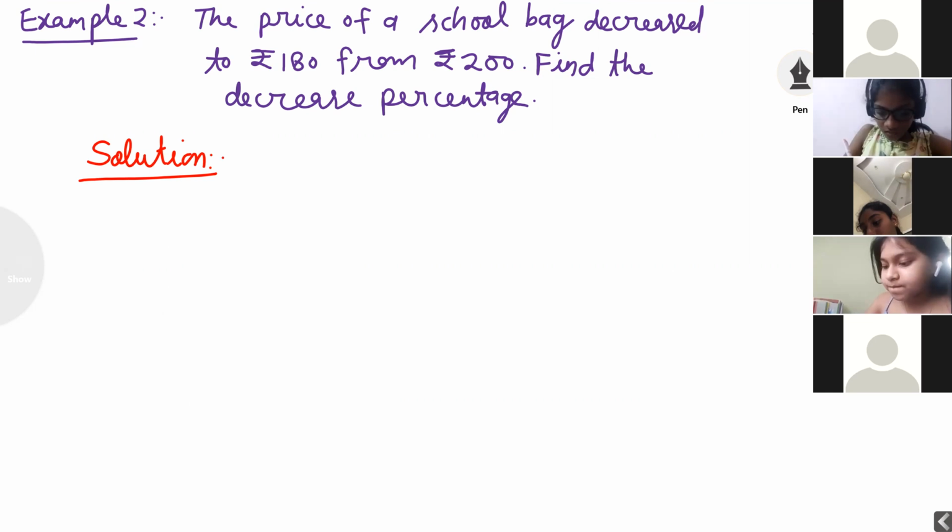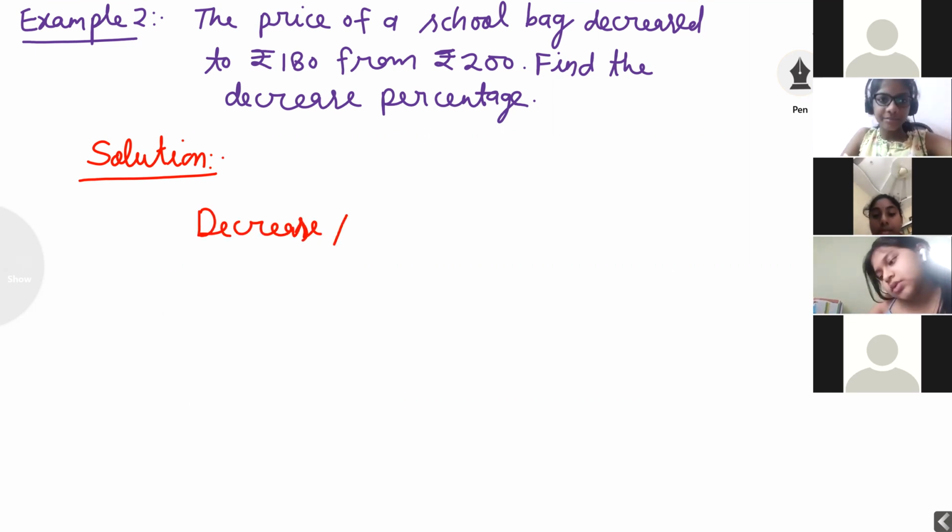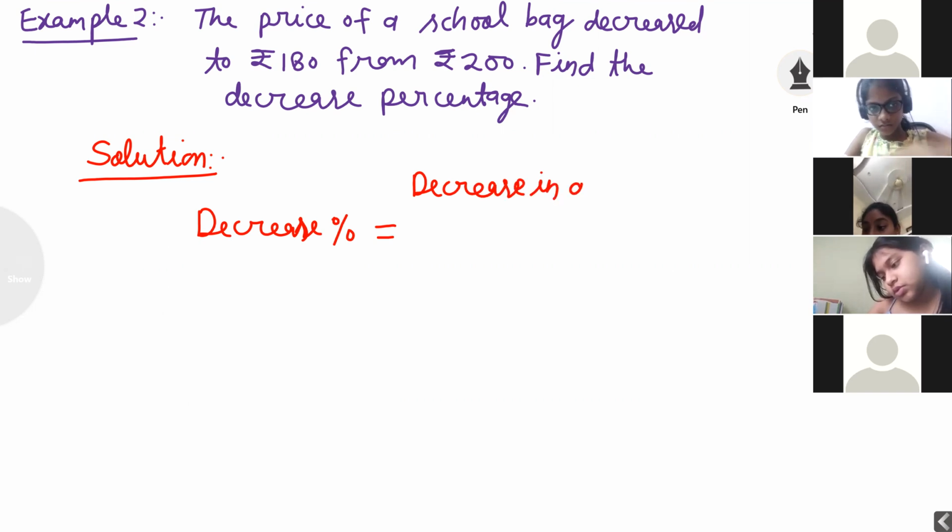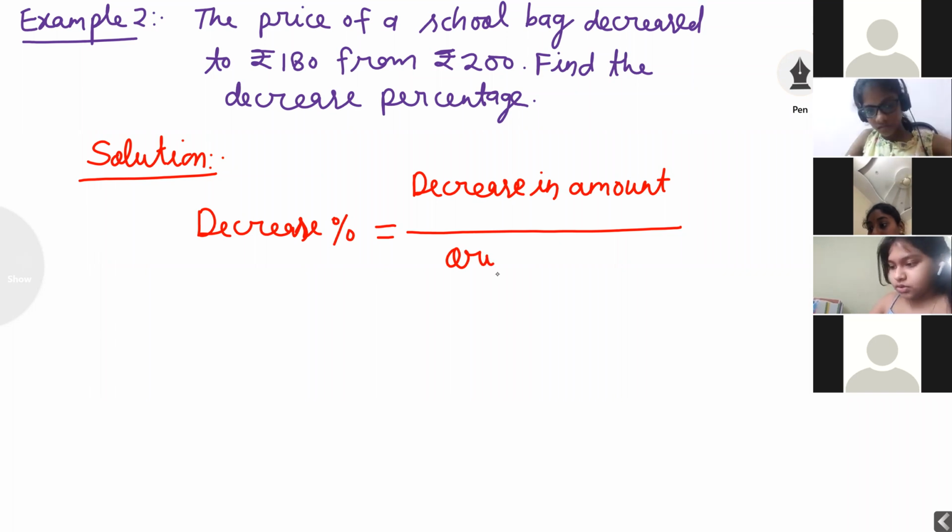Decrease percentage is equal to decrease in amount by original amount into 100%.